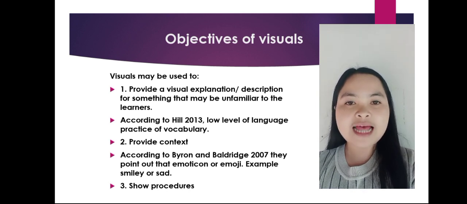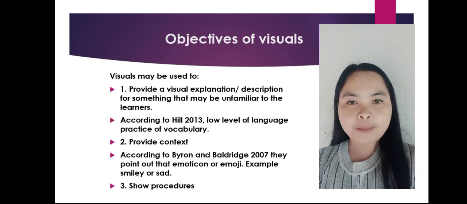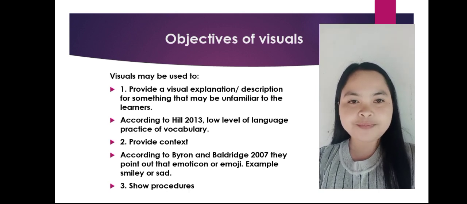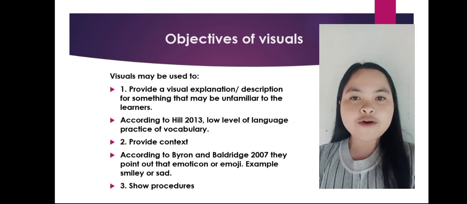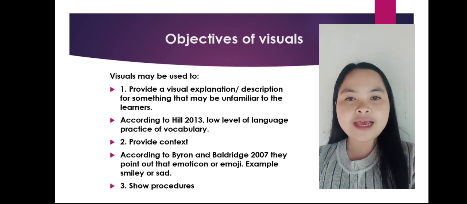So his analysis revealed that most of the visuals were of the former kind. Objective 2, providing context. Provide or give the information that will help to make sense of something. For example, an illustration that provides a historical background in the story by introducing characters, setting, and theme.